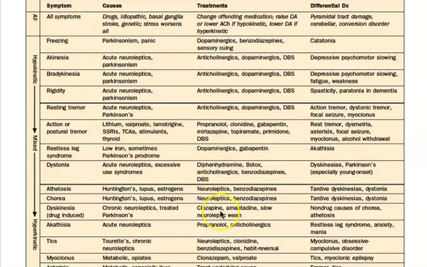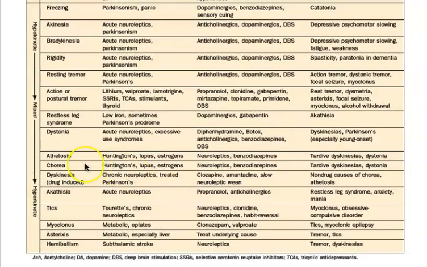But then when you get into the hyperkinetic, when there is too much movement, you may make the connection that the neuroleptics that we talked about, which are used to treat schizophrenia, right? And schizophrenia means too much dopamine. And hyperkinetic means too much movement, so there might also be too much dopamine in these types of disorders as well.